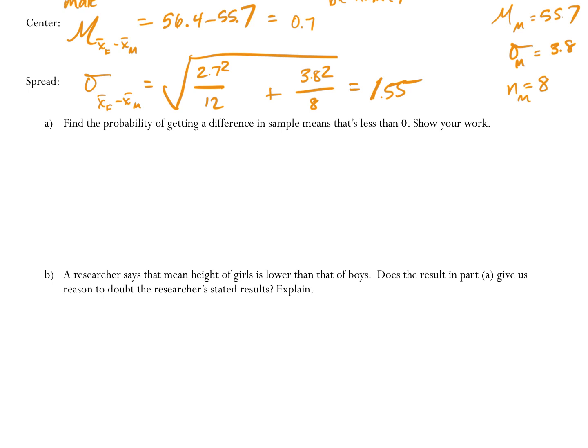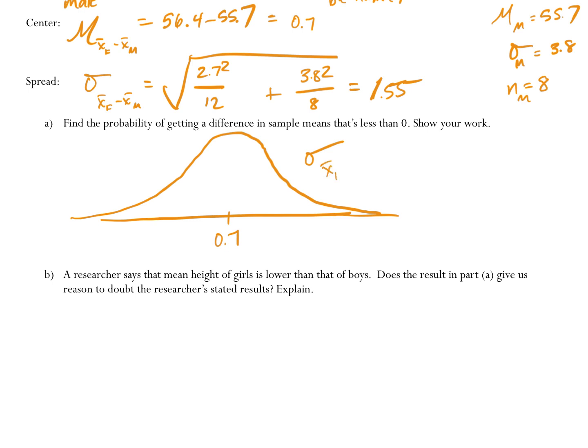Okay. So what's the probability of getting a difference in sample means that is less than 0? I'm pointing this out because I graded your homework, the homework you turned in on Monday, and there seems to be maybe a disconnect on some things. So the mean of this distribution is 0.7, and the standard deviation is 1.55.